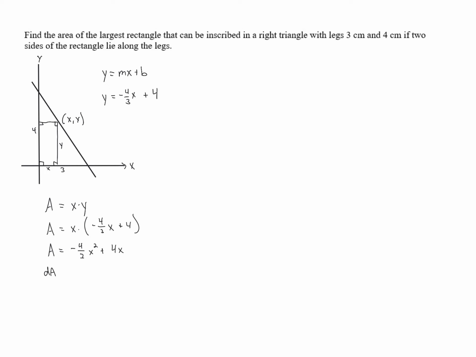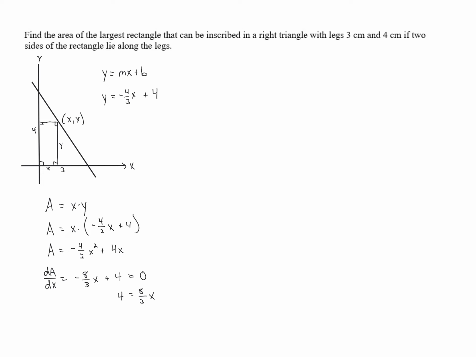And then let's differentiate with respect to x. The derivative of x squared is 2x. And if we multiply that by -4/3, that's going to be -8/3 x. And then plus the derivative of 4x is 4. We need to know when this is equal to 0 to get our critical number. We can add 8/3 x to both sides.